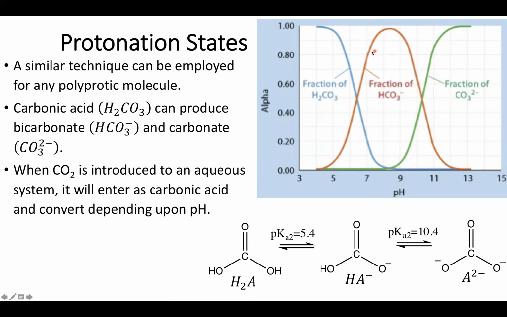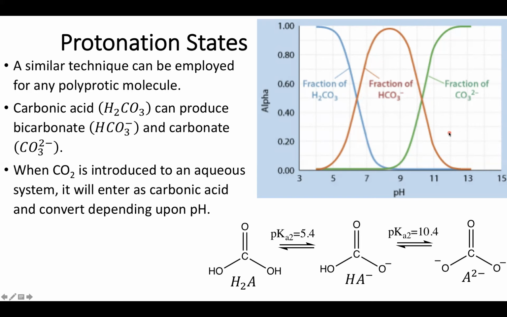If you add too much base, the second buffer region prevents the pH from going too high. If you add too much acid, this first buffer region prevents the pH from going too low. By having bicarbonate in any aqueous system, it makes sure that the pH stays in between these two pKa's.